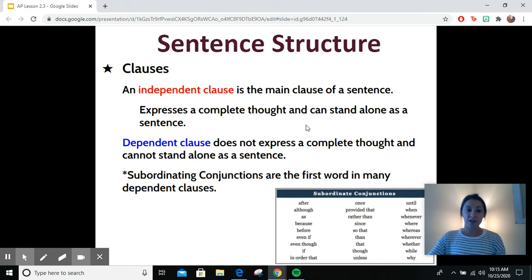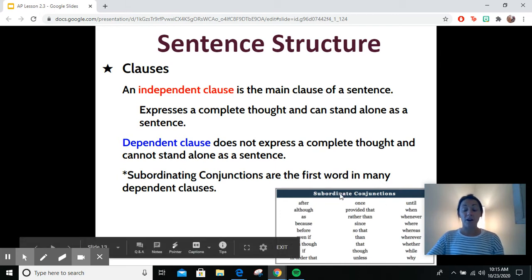Sentence structure. So what's important to note here, I'm hoping this is a little bit of a review. Clauses. An independent clause is the main clause of a sentence. It expresses a complete thought and can stand alone as a sentence. Versus a dependent clause, it does not express a complete thought and cannot stand alone as a sentence.